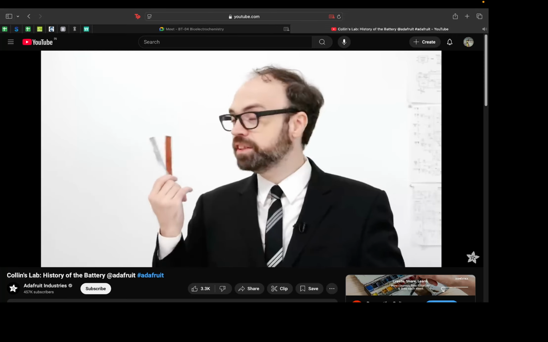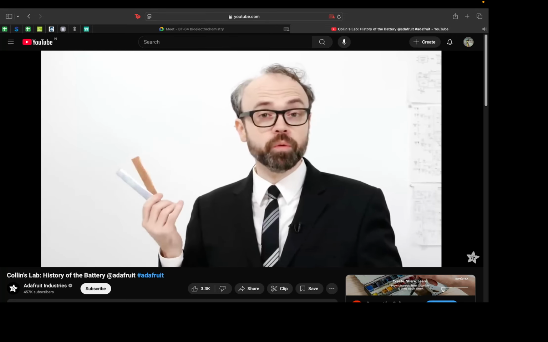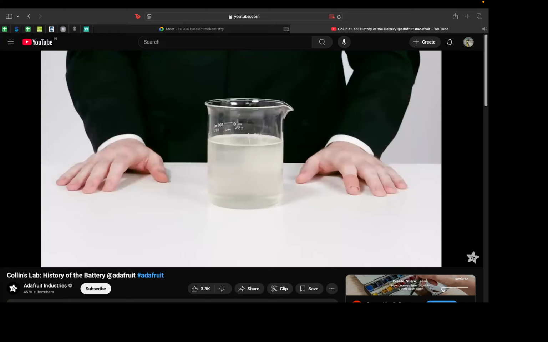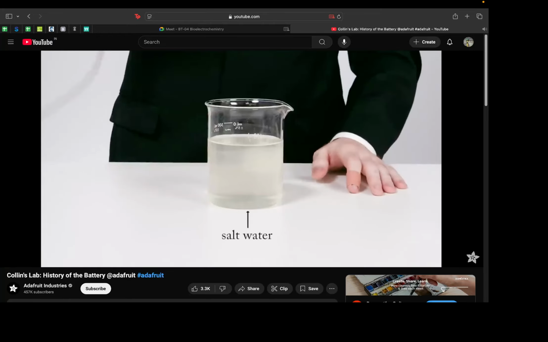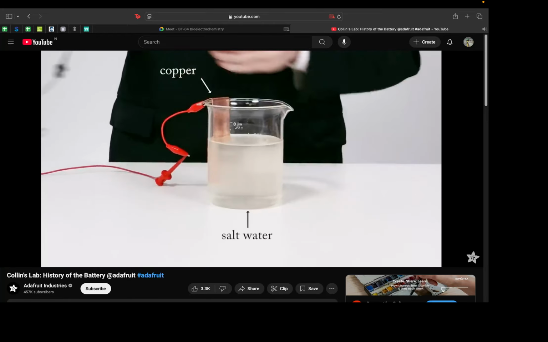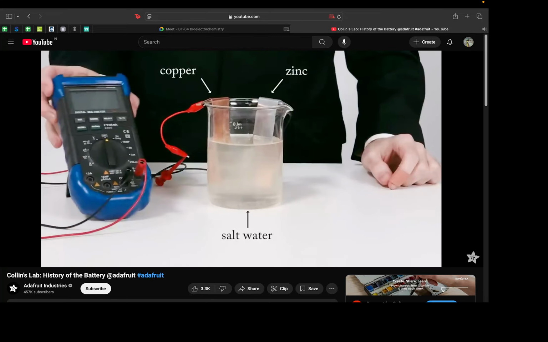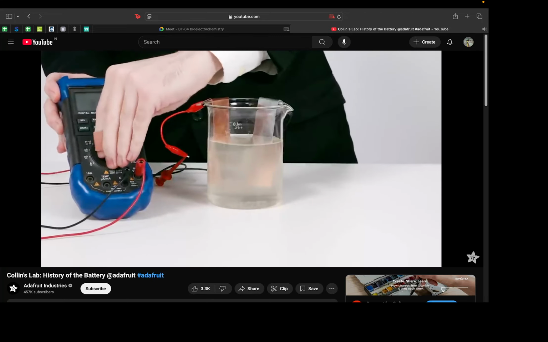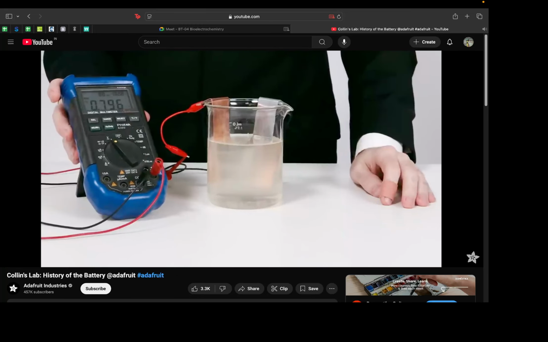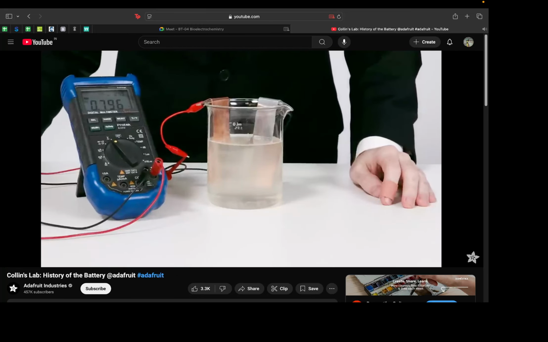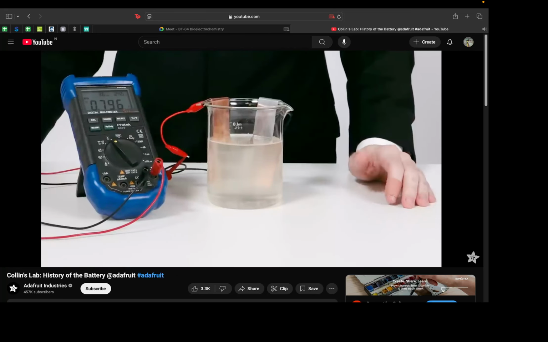With these simple materials, we can easily create our own voltaic pile. Let's start by making a single voltaic cell in a beaker. The beaker cell produces 0.796 volts.